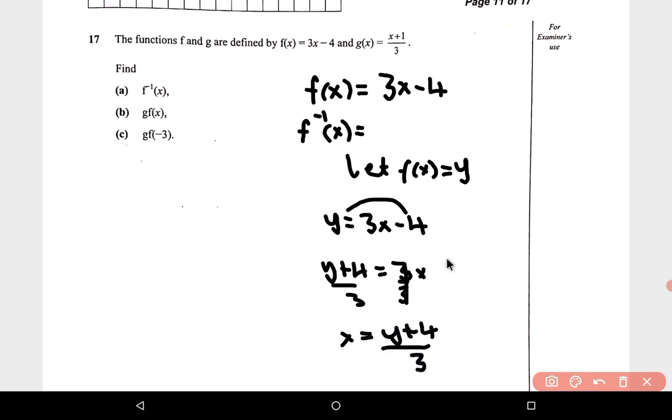So now you can say f inverse of x will be equal to, you replace the y with x, (x plus 4) over 3. And this is what you have as your answer for this particular question. Go to the next question.